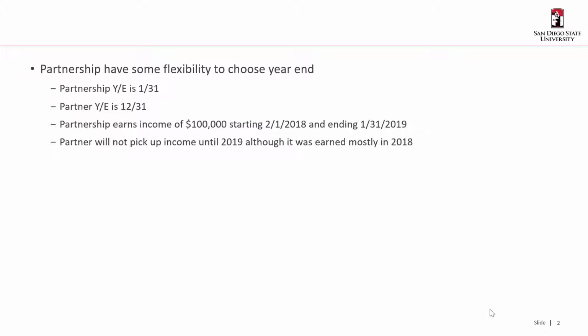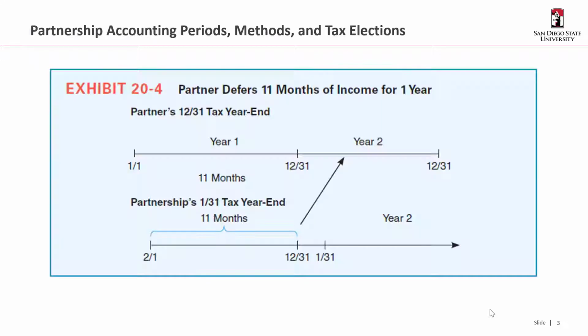So you can see that what happens is because the partner picks up the income as of the partnership year end, then the partner would not pick up any income until 2019, even though 11 months of that income was earned in 2018. And the book provides a graphical depiction of such a deferral. So this would be the maximum amount of deferral you could ever arrange for with a bunch of individual partners.